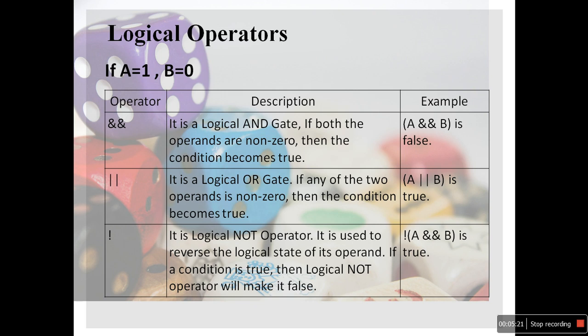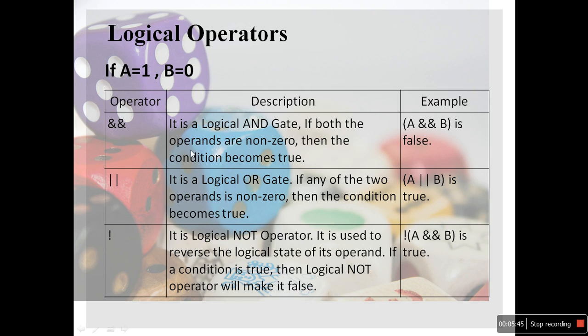Logical operators look like our AND gate, OR gate, and NOT gate. We have already discussed and we already know the logic behind the AND gate, OR gate, and NOT gate. So if I draw this double AND, that is the AND operator. It is a logical AND, true if both the operands are non-zero.